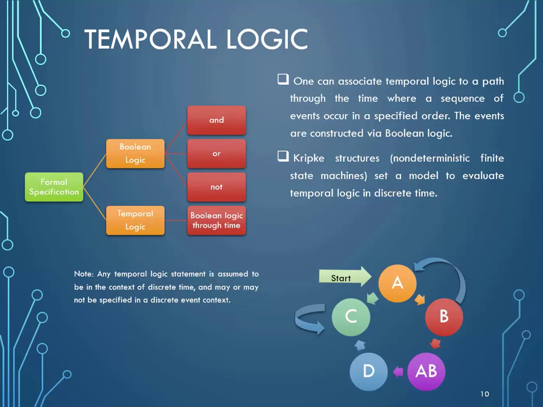And so the components that we have for formal specifications are Boolean logic, a simple level of abstraction, and temporal logic, which is Boolean logic through time. And here is a note that I want to read for you. Any temporal logic statement is assumed to be in the context of discrete time and might or might not be specified in a discrete event context.